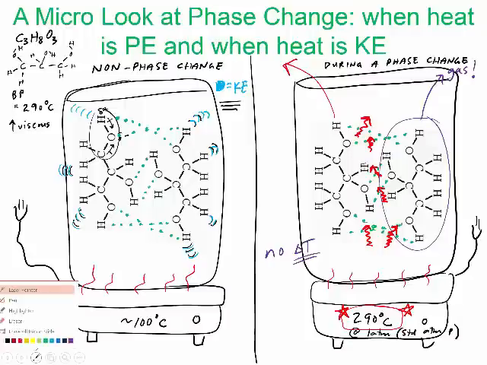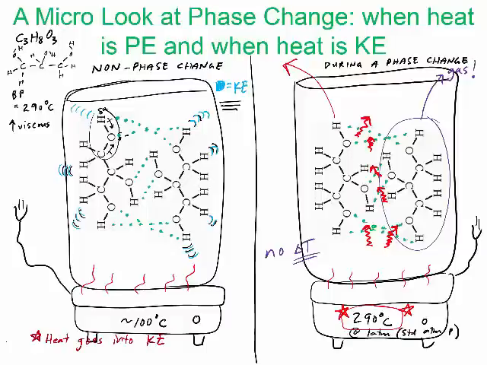So there are some take-home points here that I'll write. I'll use a red ink pen to write here. The point is that the heat energy during non-phase changes goes into kinetic energy. For these non-phase changes, we use the heat equation to calculate how much heat.